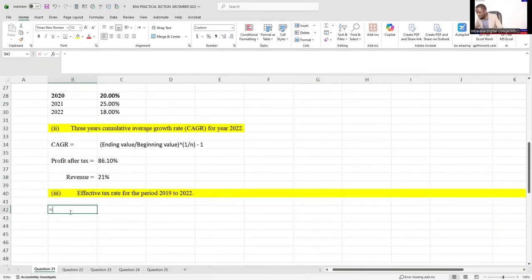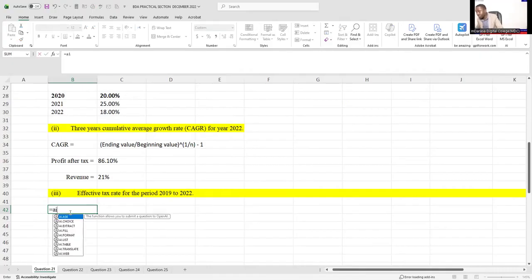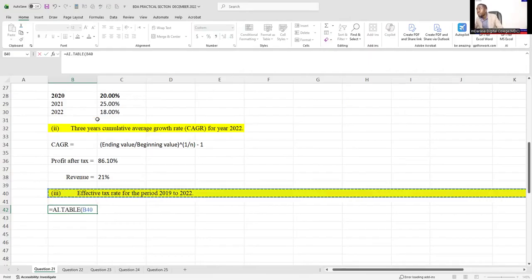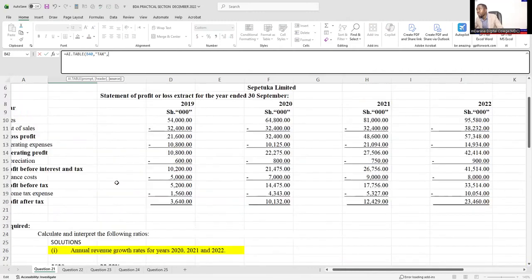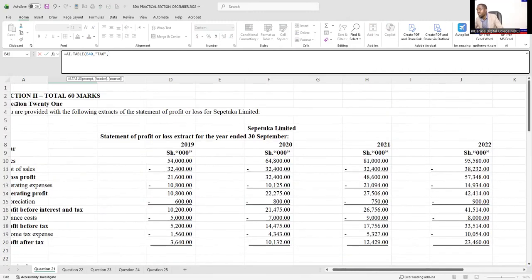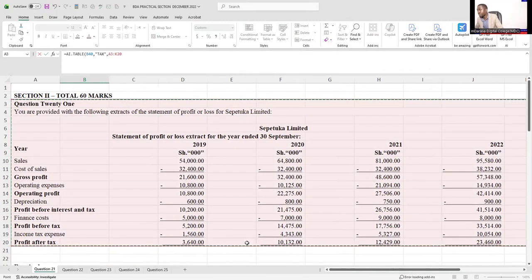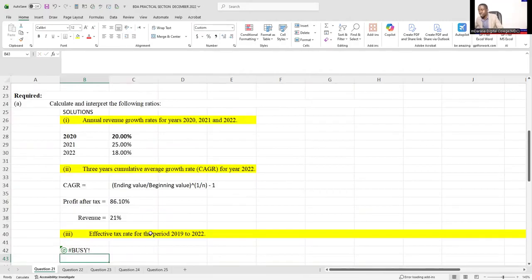I'll just do equal sign AI, table, prompt, this is a question, comma in here, because we want header, this is the aspect of tax, comma, where you're talking about source, our source data. This is the whole data that you're having in here. See, so I'll take the whole data, enter here, see the magic.